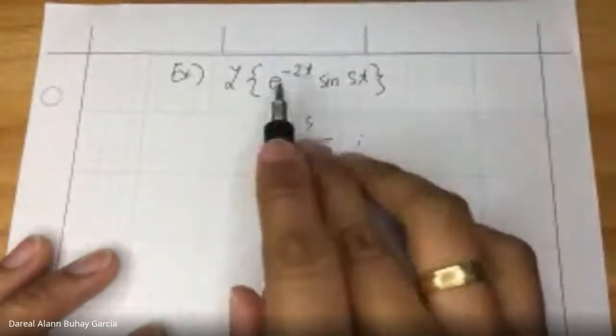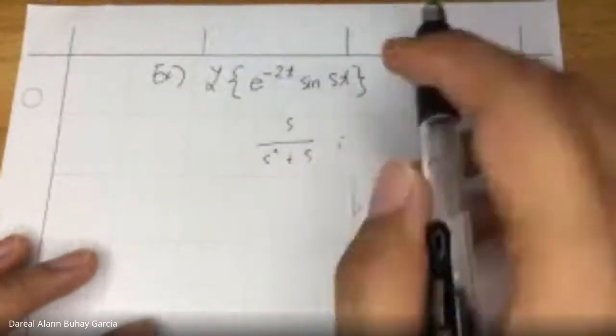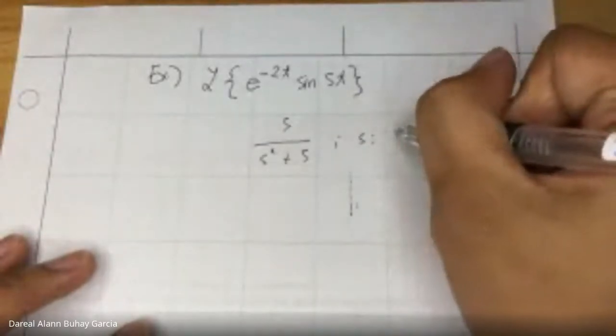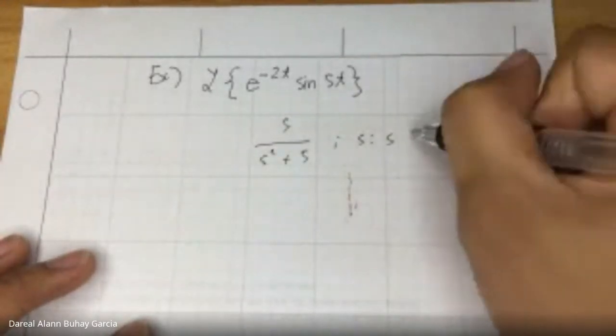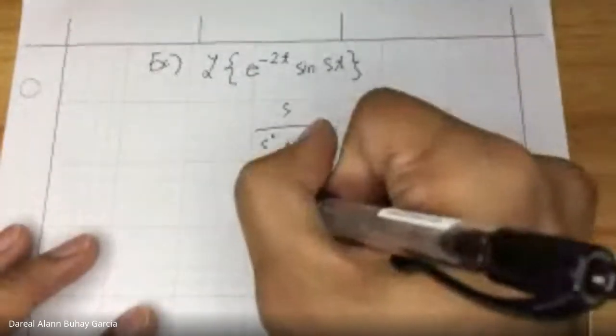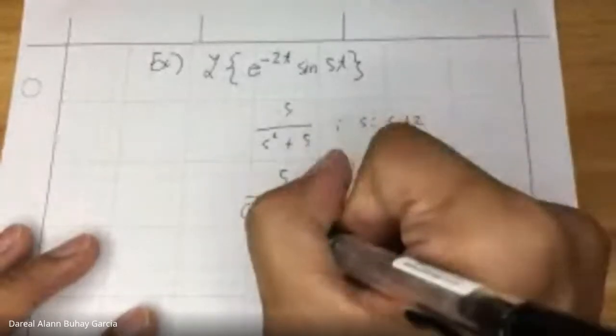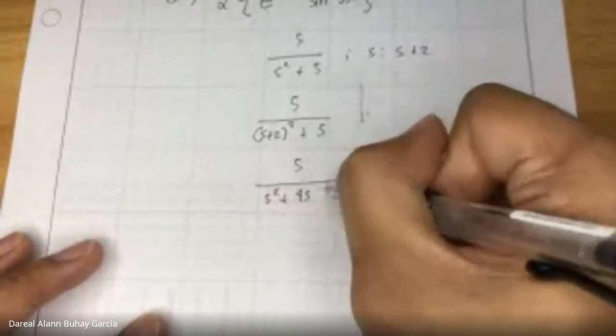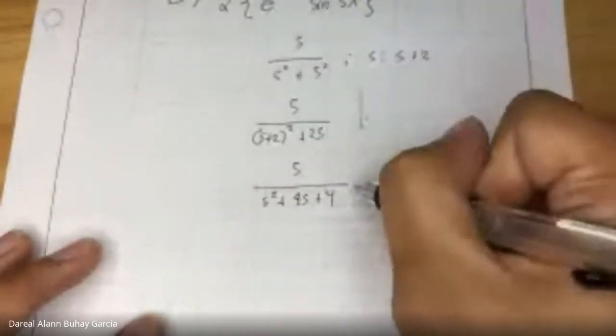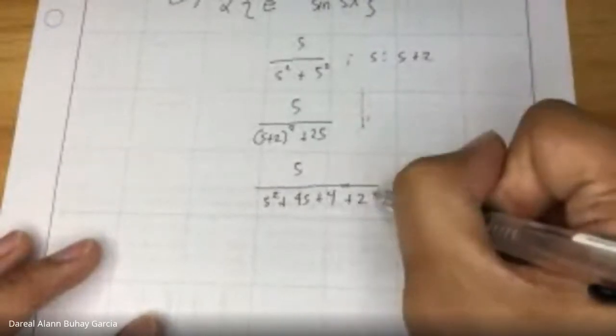Since there is an exponential function with a of negative 2, we replace s with s plus 2. So this becomes 5 over (s plus 2) squared plus 25, which is 5 over s squared plus 4s plus 4 plus 25.